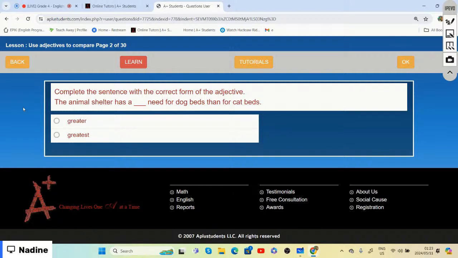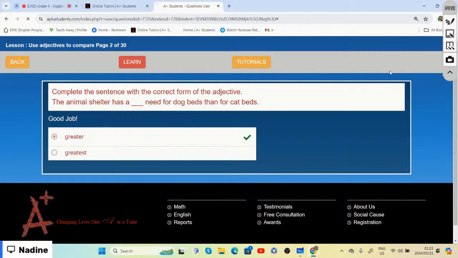All right, so we can say the animal shelter has a greater need for dog beds than cat beds. So well done.